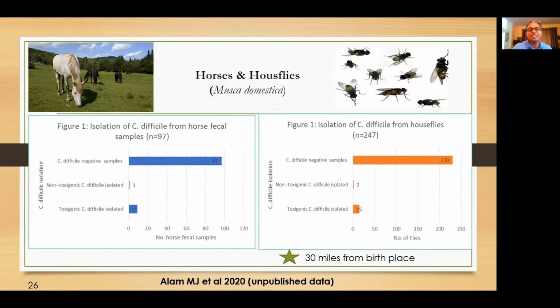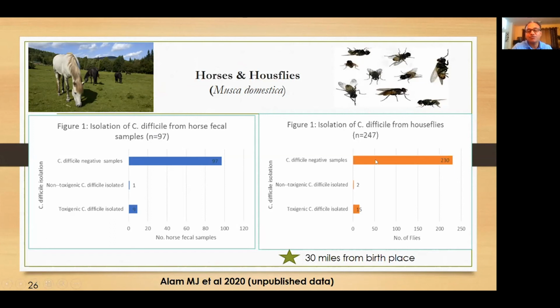Therefore, we investigated the animal stool for C. difficile and houseflies. And what we have seen is that the horse fecal material is contaminated, is a good source of C. difficile. Here we got about 10% of the samples positive for Clostridium difficile in horse fecal material. And from the same horse farm, we collected 247 houseflies.